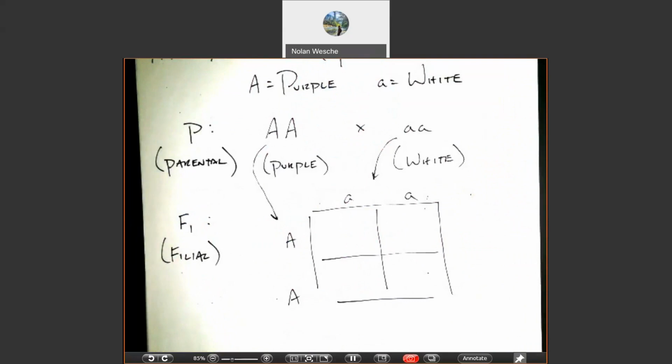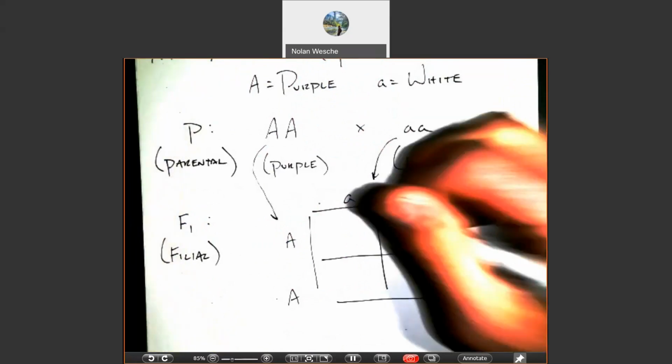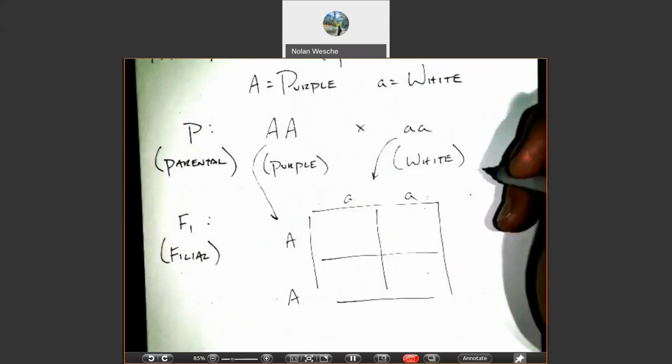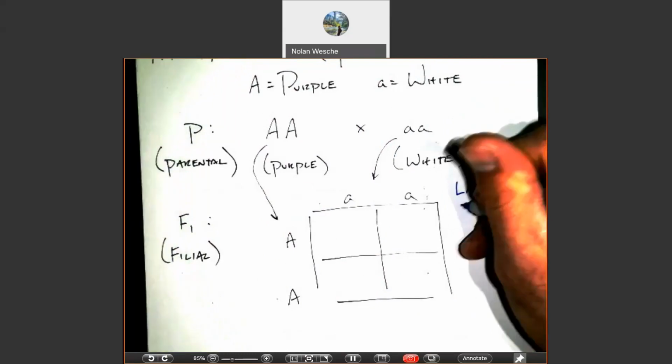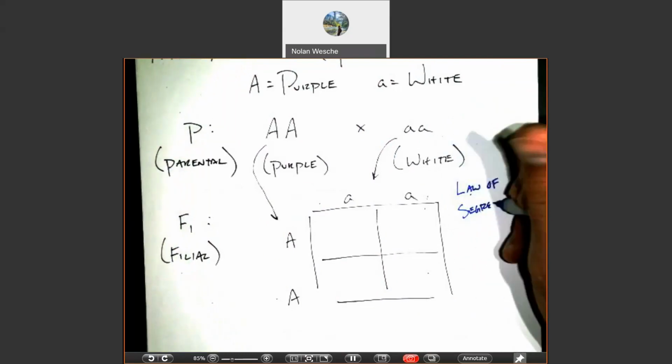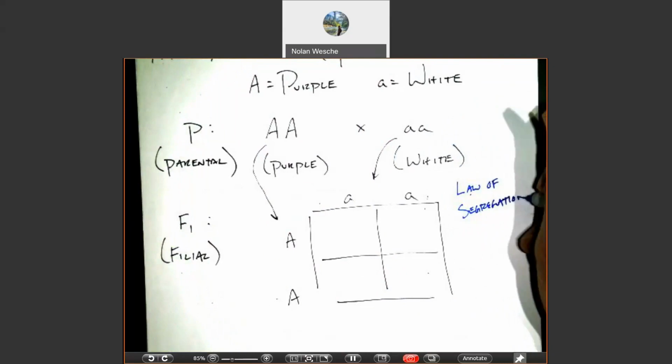Again, we're just looking at one particular trait here. If we looked at more traits, we would need to look at more combinations. And we're also then pulling the alleles from one another because of that separation. So again, this models the law of segregation, Mendel's laws. And that's why we separate the alleles here like we are.